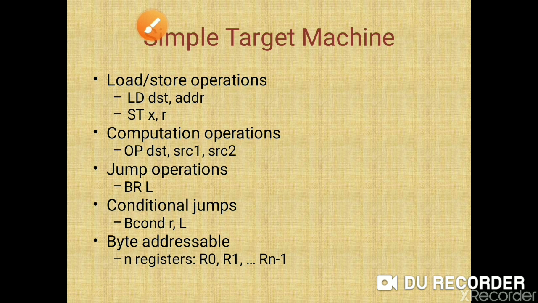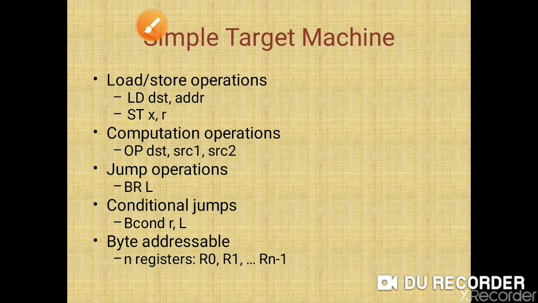The load operation loads a memory word to a register. Here you are given an address, and I want to copy that and load it to the destination. That is the load operation.